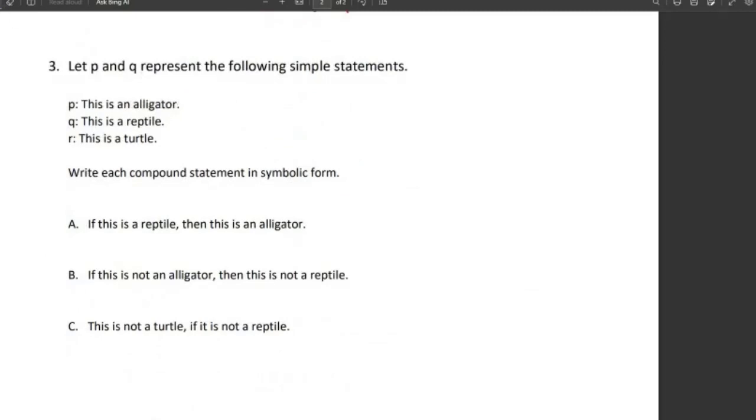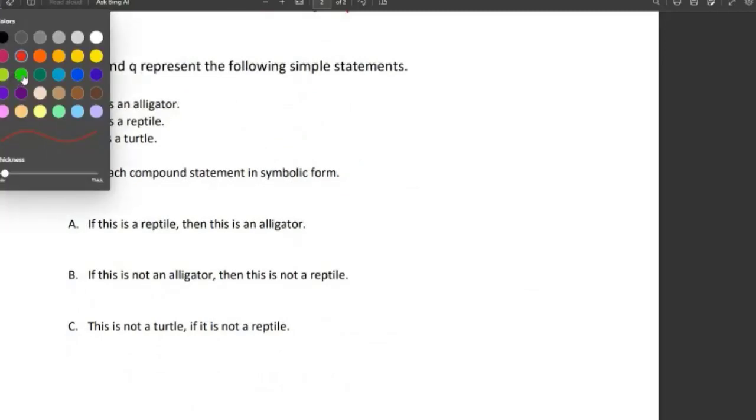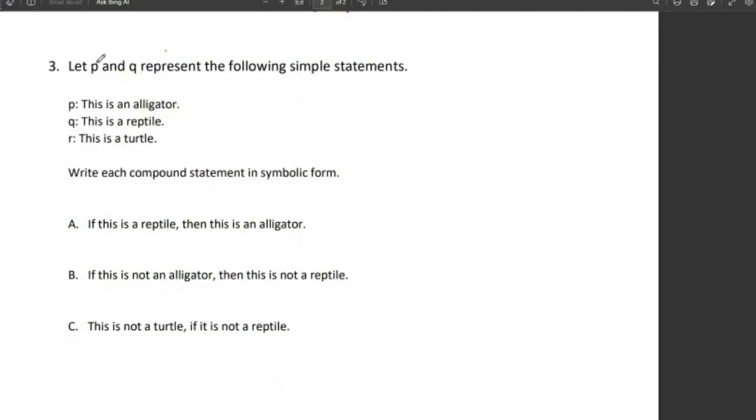All right, last one. Number 3. Let P, Q, and R represent the following simple statements. P, this is an alligator. Q, this is a reptile. And then R, this is a turtle. So A says, if this is a reptile, then this is an alligator. Okay, so we're using our if-then symbol.